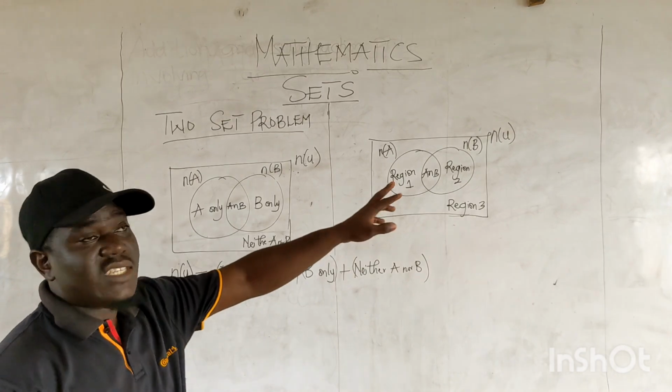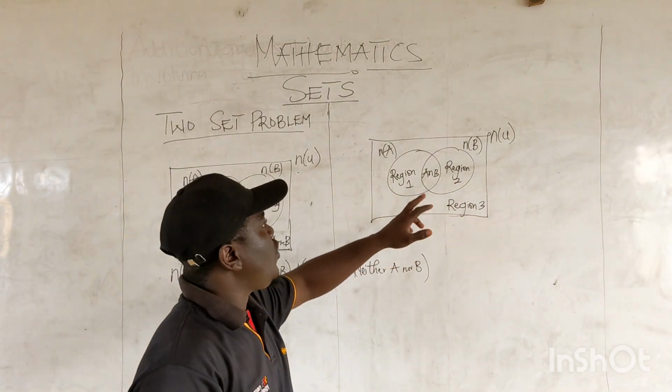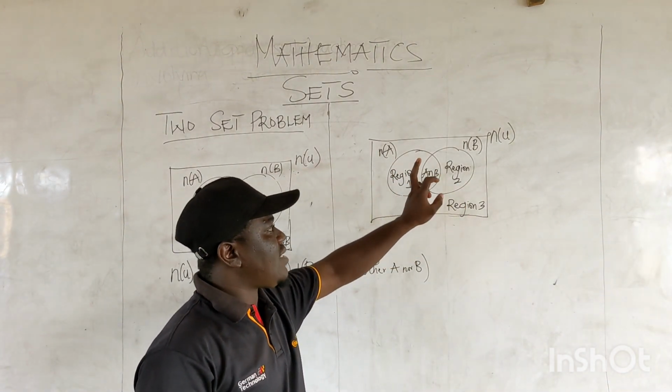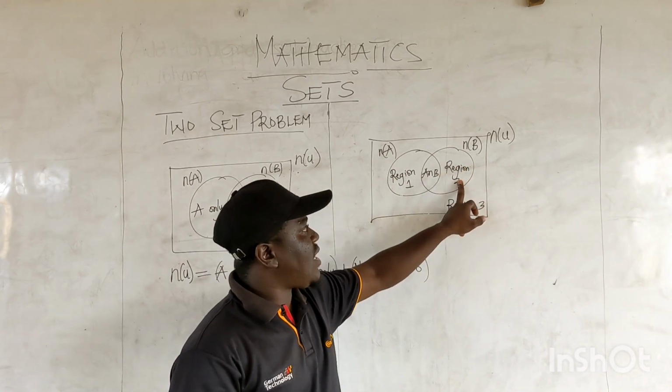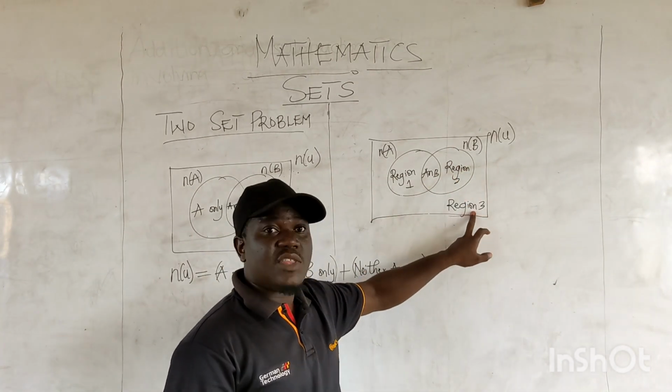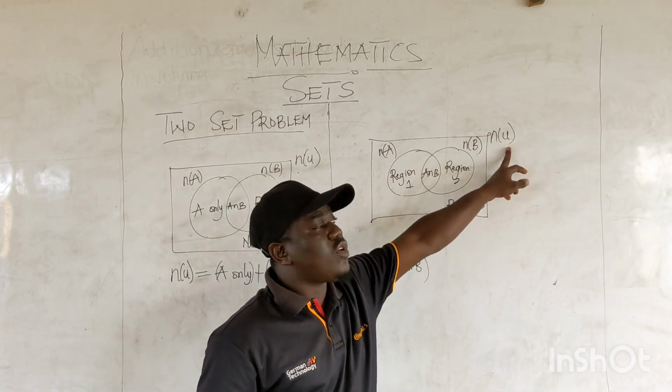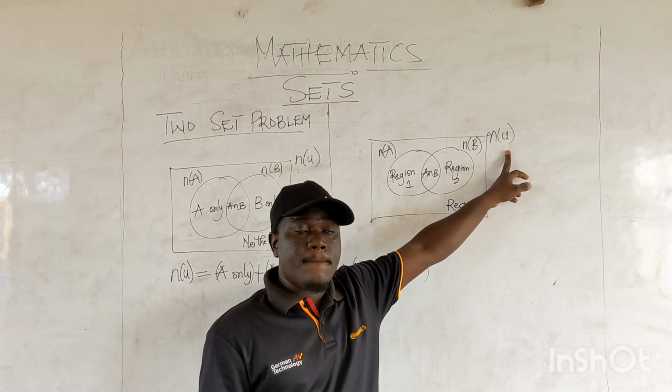Then in equating everything to the number of U, we can say region 1 plus the intersection of the 2 plus region 2 plus region 3, if there is region 3, is all equal to our number of U.